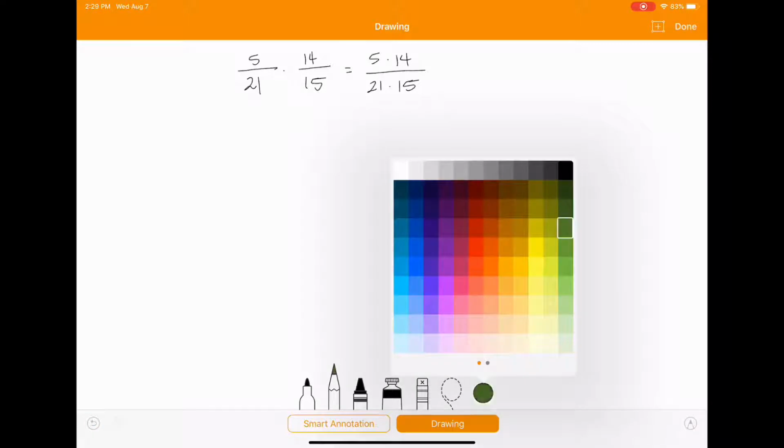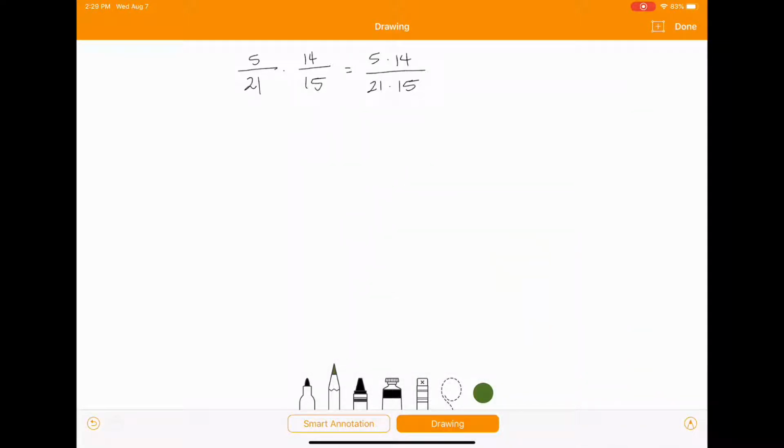Now, for me, I can automatically look at this and go, okay, I can divide this by 7 and divide this by 7. And then I can divide this by 5 and divide this by 5.